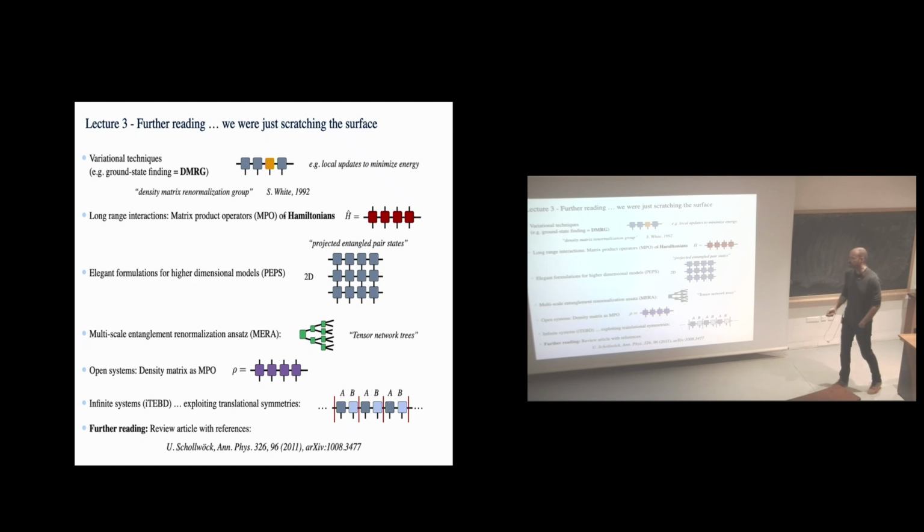So in this diagrammatic language, the Hamiltonian would now look something like, I have these horizontal indices that tell me how much correlation the Hamiltonian induces between sides. And then I have these vertical indices, and then I can have algorithms where I variationally do a time evolution with this Hamiltonian when I apply it to that state. And that's one very common way. One can also produce approximations to matrix product evolution operators and all types of this.